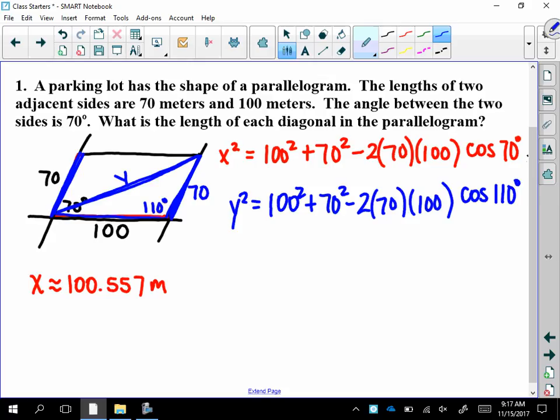And then we'll evaluate all that, take the square root, and what do you get for this side? Meters. All right. So there are your two diagonals.